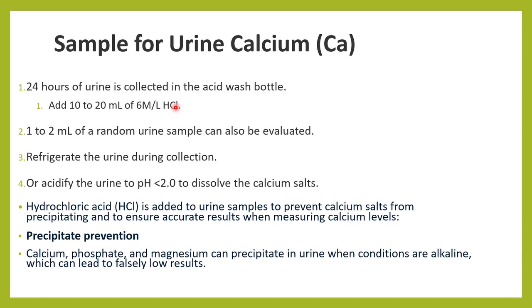So we can do both: a 24-hour urine collection, and also a random sample collection. The normal would be anything between 50 to 200 milligram of calcium per day. We have covered the causes of increased calcium levels in the urine and the causes of decreased calcium. So that is all about urinary calcium, causes of hypercalciuria and hypocalciuria.